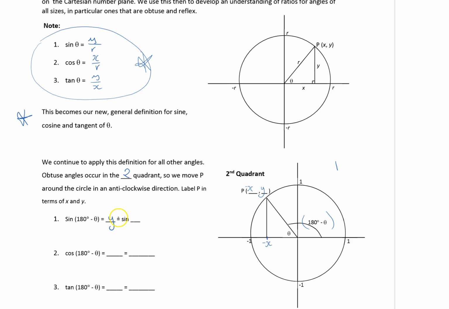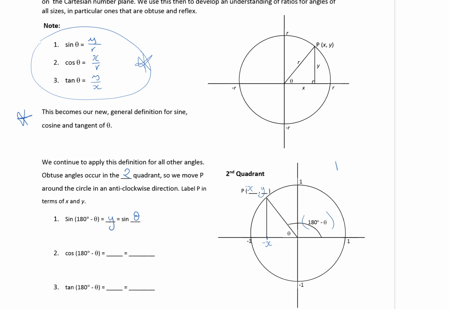And if we were comparing it to theta, if R was 1, then we've got exactly the same as the sine of theta, which was Y over R, which would be Y on 1. So we've got that the sine of 180 minus theta is actually exactly the same as sine theta. Here is our pattern.